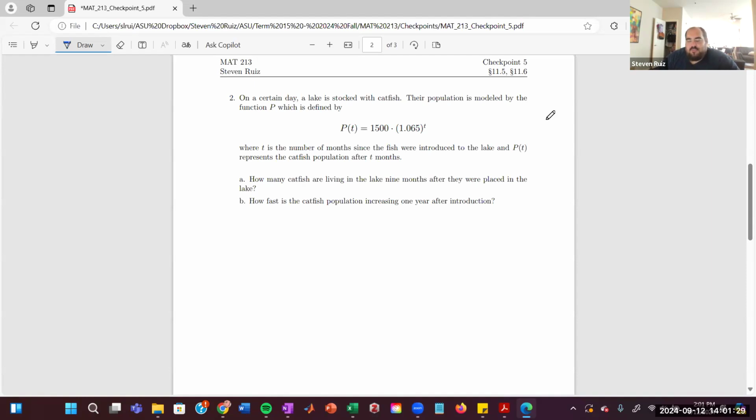So 9 months implies that t equals 9. But what do I want to do with t equals 9? For this question, I'm being asked how many fish live there. That is what the function P describes. So I'm evaluating this function at t equals 9. P of 9 equals 1,500 times 1.065 to the power of 9.